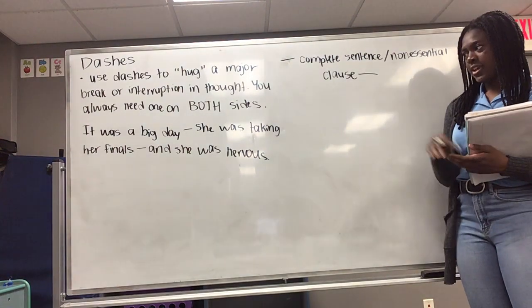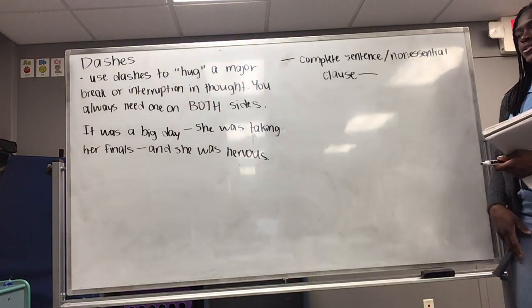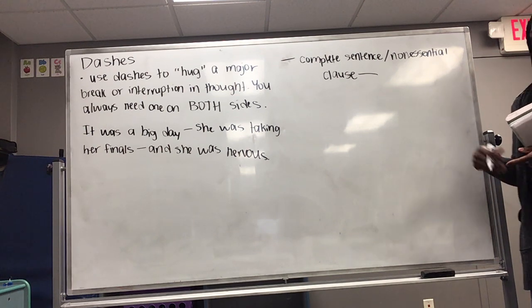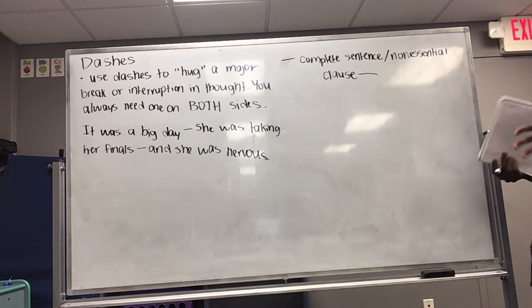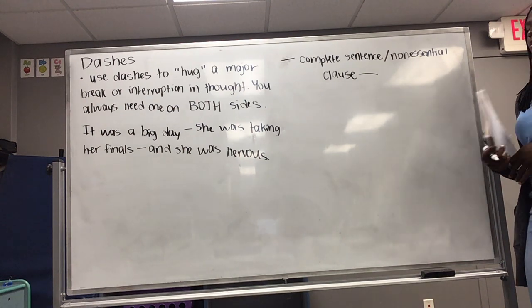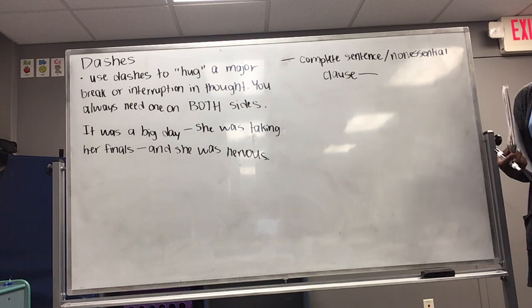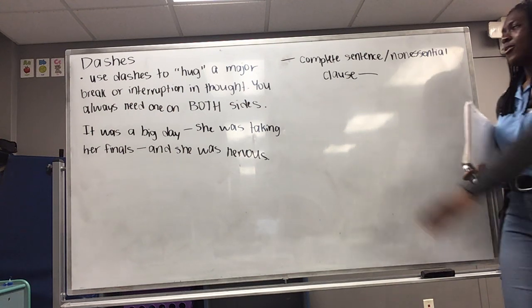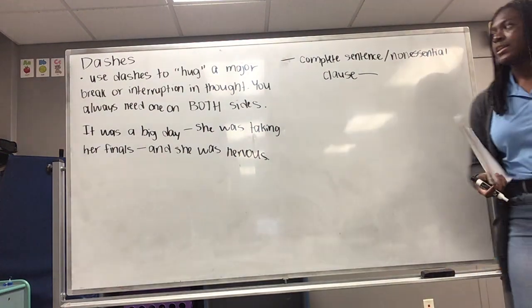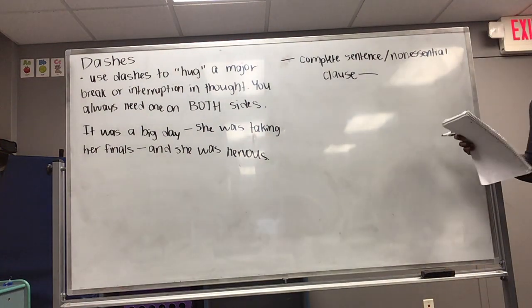She was taking her finals, and she was nervous. So that phrase, she was taking her finals, is non-essential to the sentence. You could take it out and say, it was a big day and she was nervous. So because we're adding that in there, we're going to want to put that dash hug around it. It's an interruption in thought or a major break. And in my example, I have one on both sides, which is what you'll usually see on the ACT.